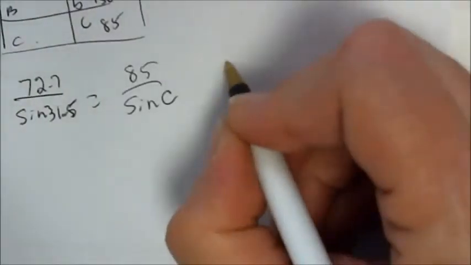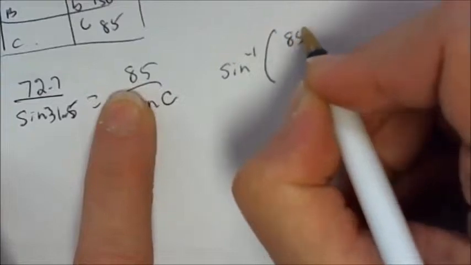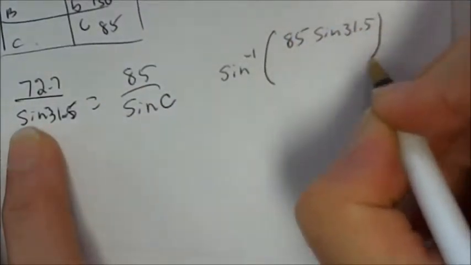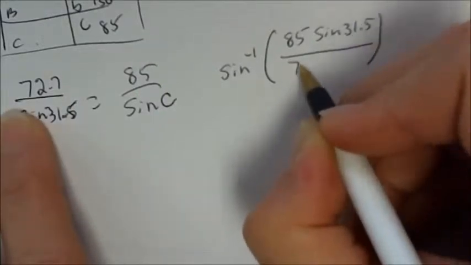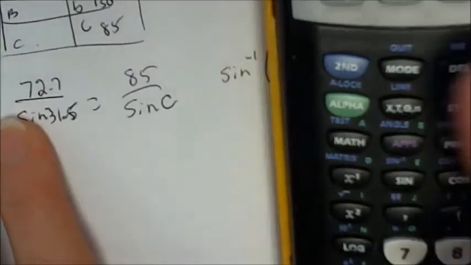So when you do your cross multiplication to solve for C, you're going to do an inverse sine of 85 times the sine of 31.5, all divided by 72.7. And that'll go in your calculator.